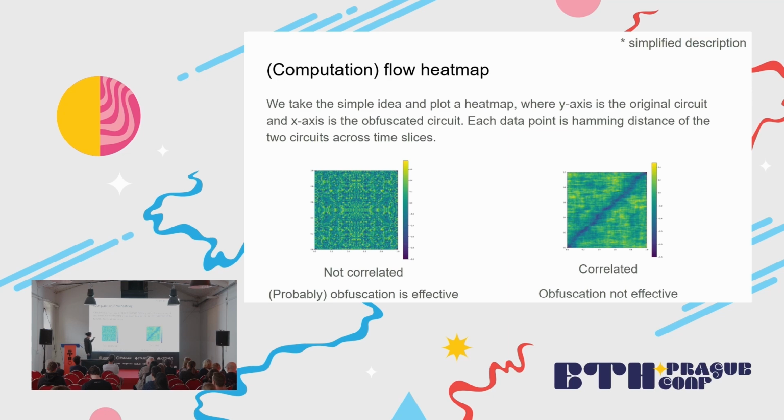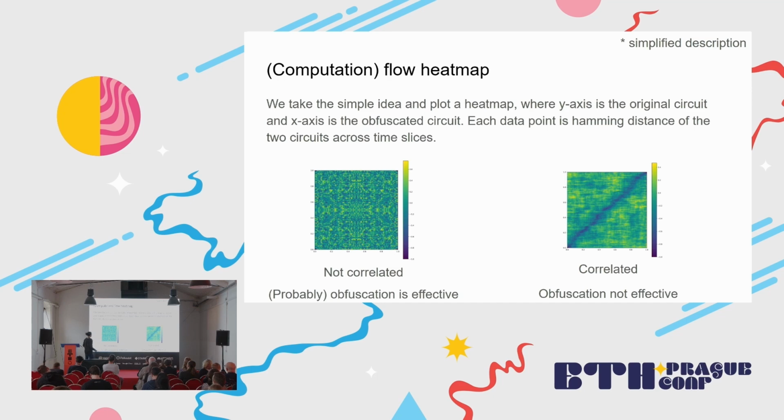If the Hamming distance is somewhere around half of the wires in the circuit, since the reversible circuit has many wires, then the circuits are not correlatable. But if it is biased, then the circuits are correlatable.